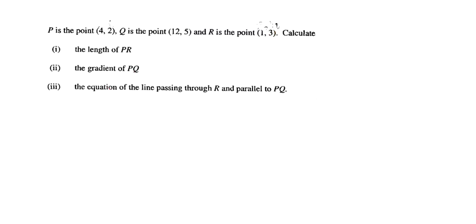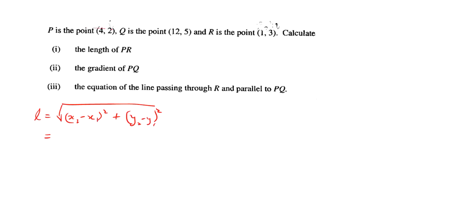we have P, Q, and R, and I want to calculate the length PR. Okay, so the first part, length, we know is the square root of (x2 minus x1) squared plus (y2 minus y1) squared. Alright, so be careful what you're doing here because you have 3 coordinates.